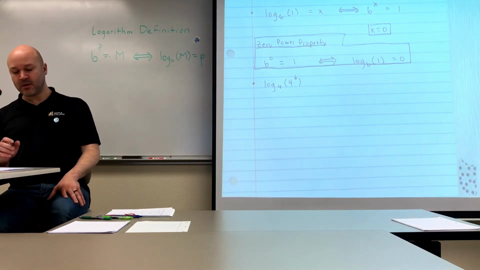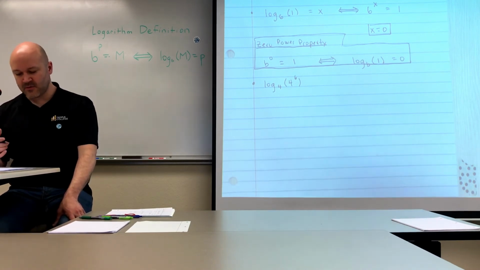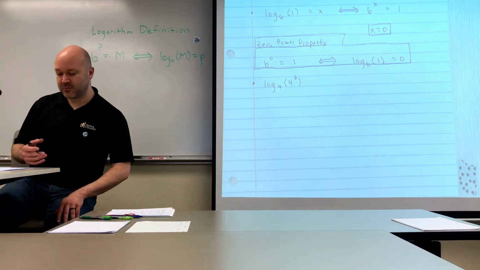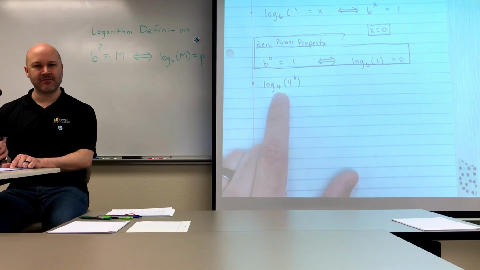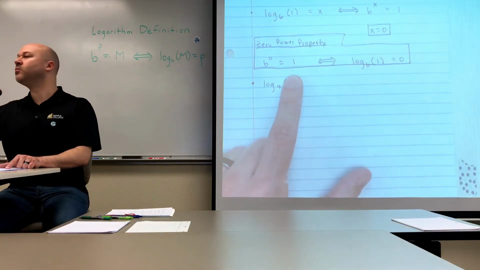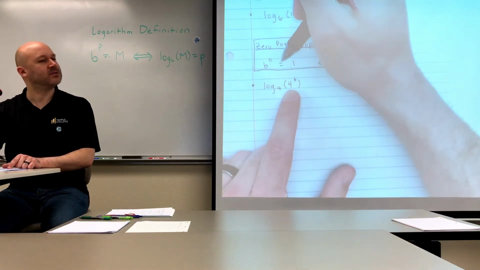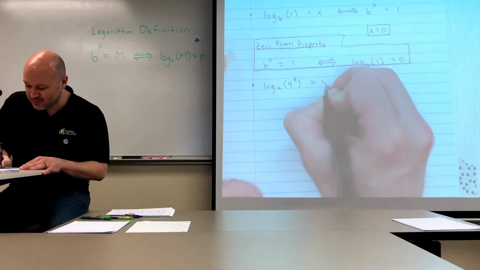All right, next example. I have log base 4 of 4 to the 6th power. This is in logarithmic form. I'm trying to mentally ask myself the question, 4 to what power is going to give me 4 to the 6th power? Okay, I think I just answered my question, but I'm going to go through the steps.